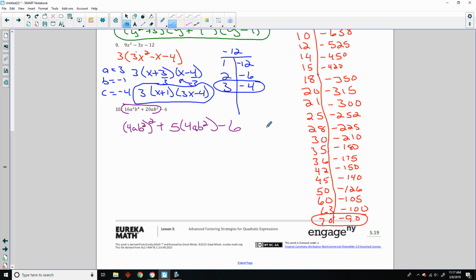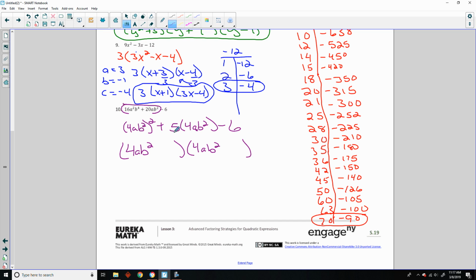Okay, so we have 4ab squared as my first term, and then I need factors of -6 that add up to 5.